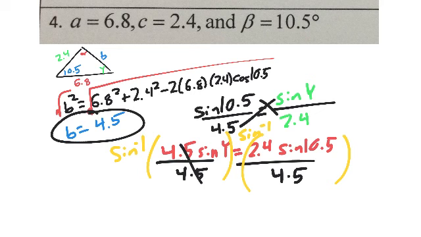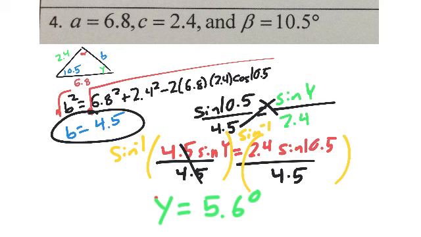So that's going to give me gamma is equal to inverse sine of 2.4 times sine of 10.5 divided by 4.5. That tells me gamma is 5.6 degrees.